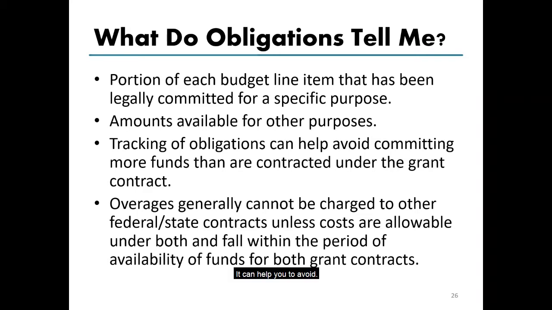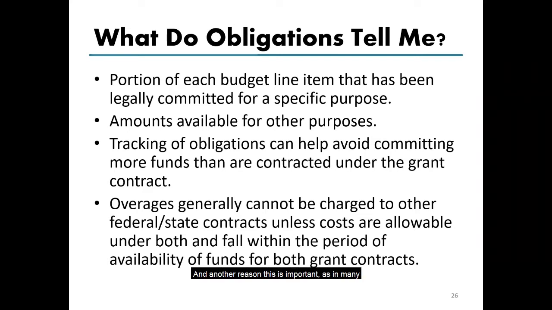It can help you to avoid overcommitting your contract. In other words, if you're legally bound to purchase this amount of goods and services during the contract period, you need to know that you have enough to cover what you're committed to, and you need to know what you have remaining to manage the rest of your contract period.